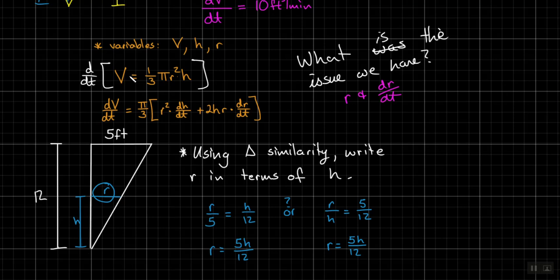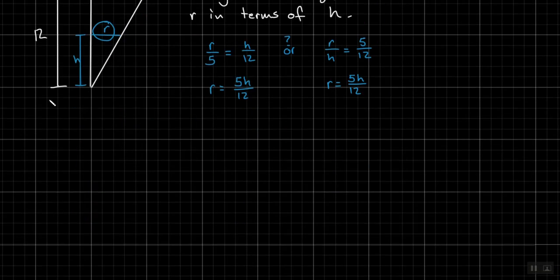Let's try this again. We're going to rewrite this volume, but I'm going to take out anything that's r because we have a way to write it. So check this. We're going to rewrite our volume, and I'm going to make really clear annotations. Rewrite the volume equation without r.